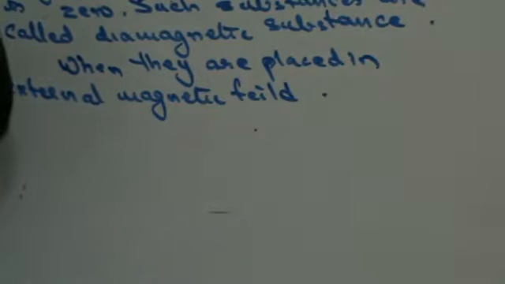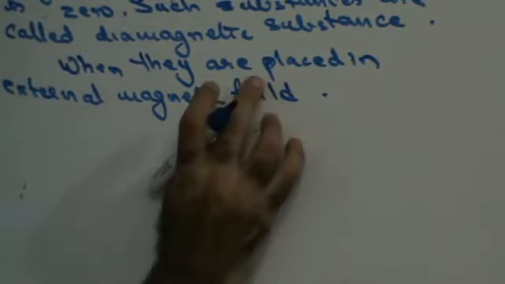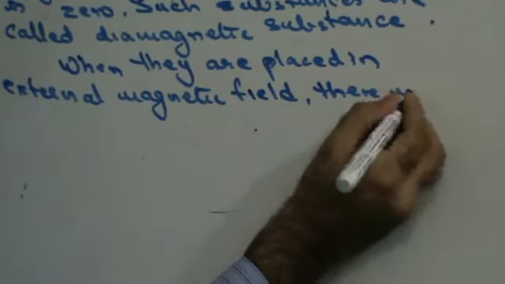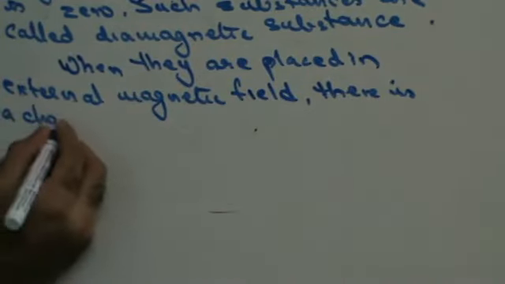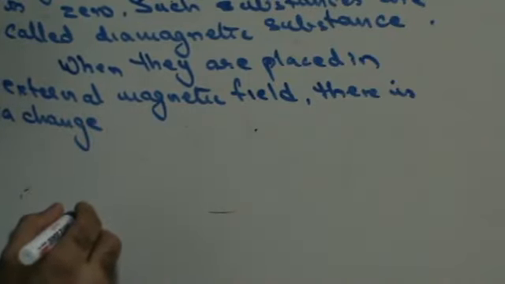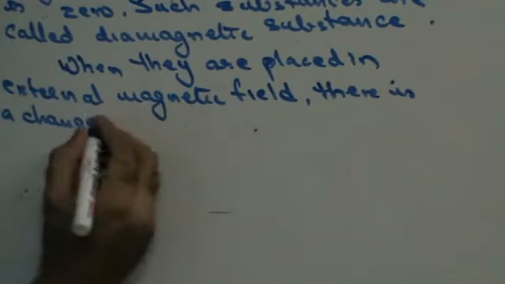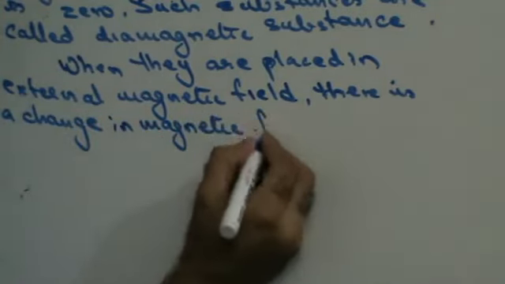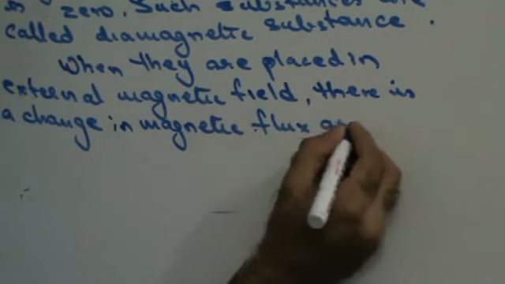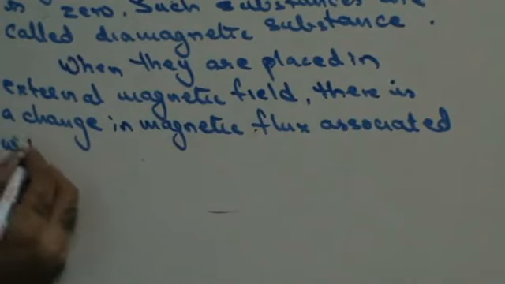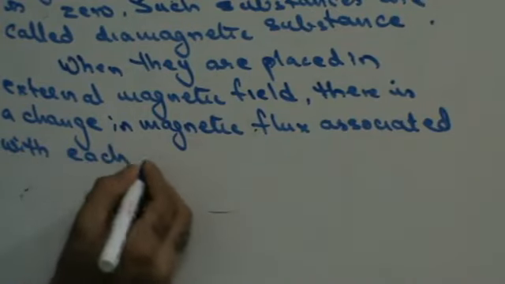When they are placed in an external magnetic field, there is a change in the magnetic flux associated with each electron.